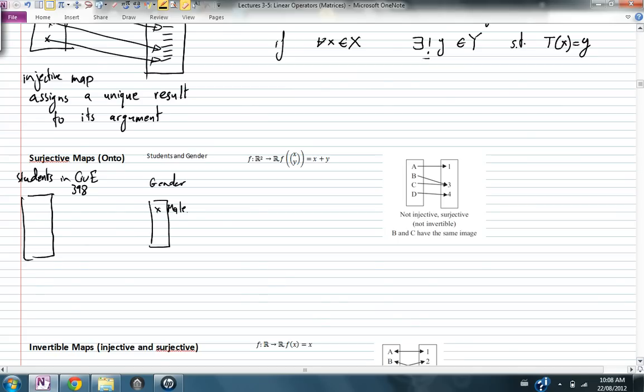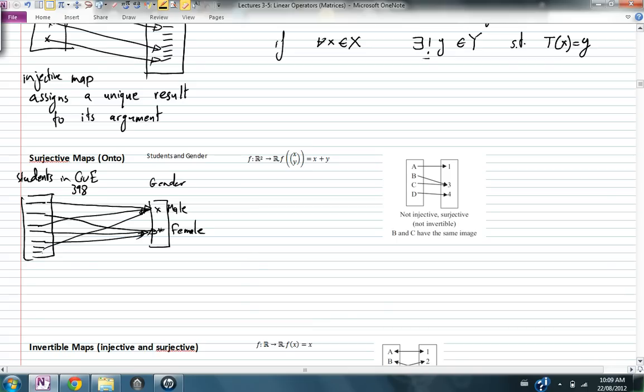Male, female. Every student in our class will either be a male or a female. And we usually have all the possible genders.